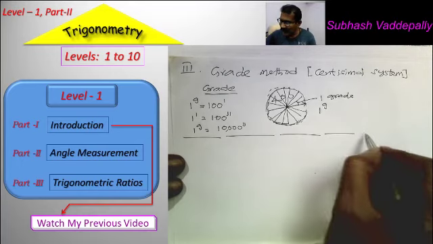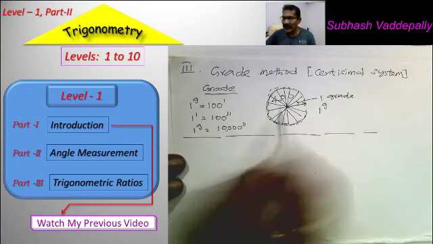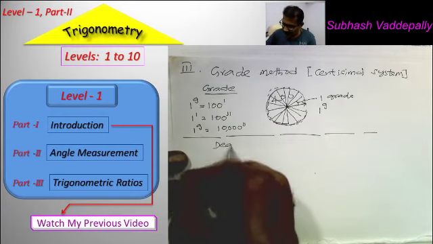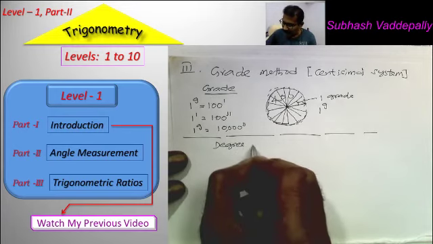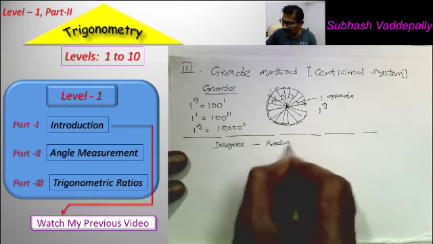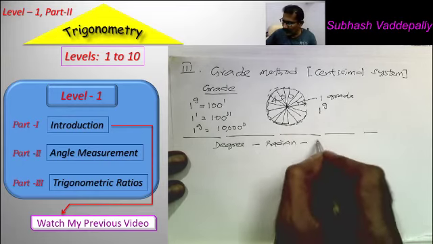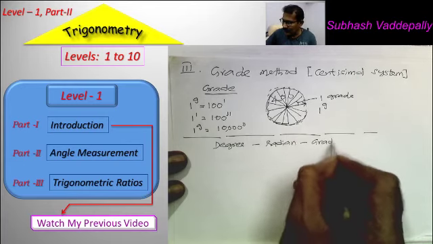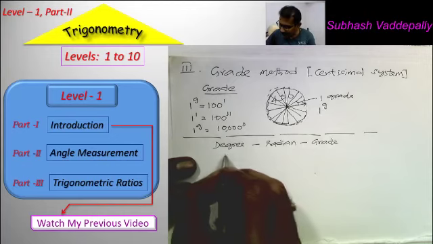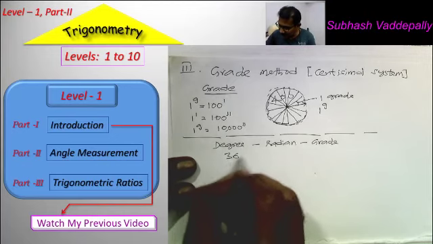I want to write the relation for the complete angle of 360 degrees. So I am writing first degree, then radian, and grade. First I am taking the complete angle, that is 360 degrees.